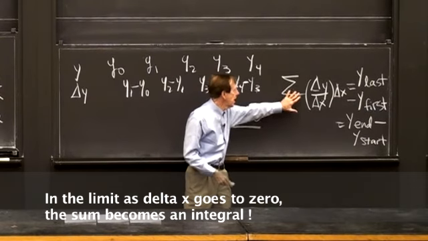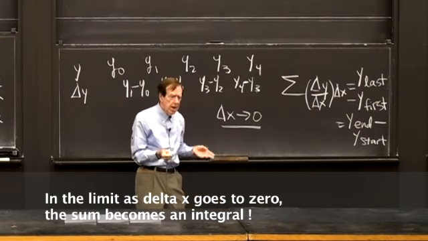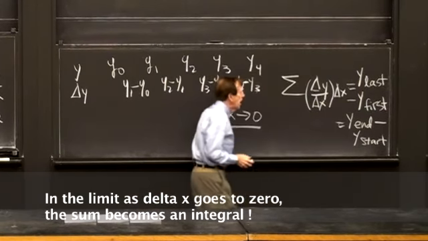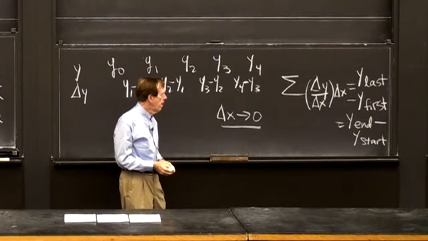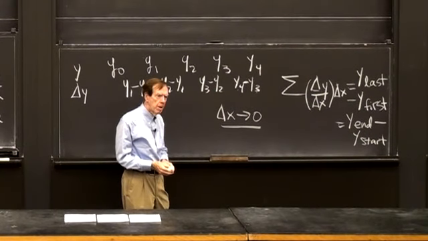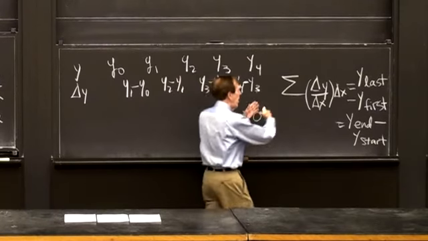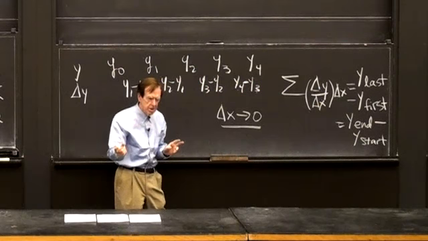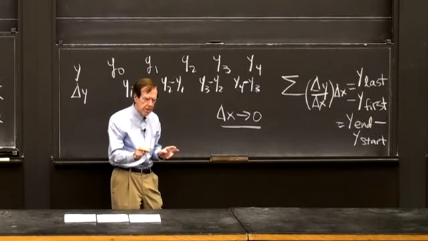But it's this that's changing as delta x goes to 0. This becomes dy dx. But now this sum becomes times the little delta x's are going to 0.